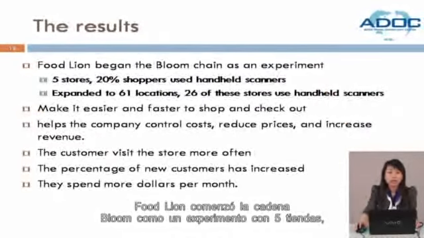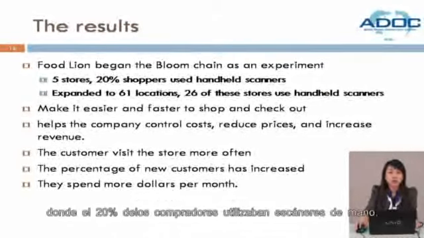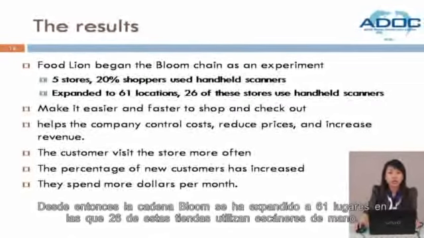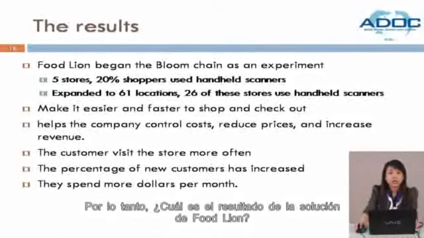Food Lion began the Bloom chain as an experiment with 5 stores. 20% of shoppers use handheld scanners. Then the Bloom chain has expanded to 61 locations. 26 of these stores use handheld scanners. So, what is the result of Food Lion's solution?